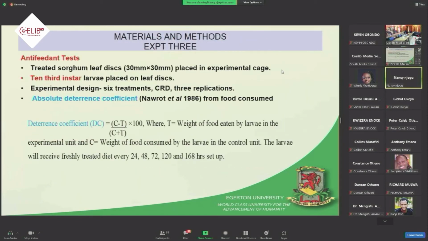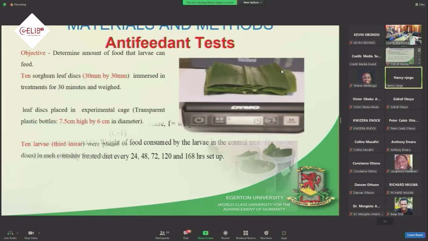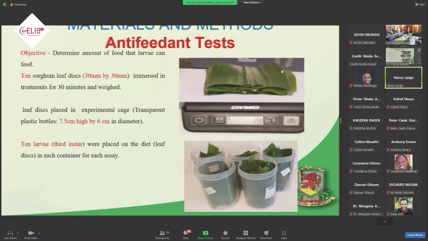which was the non-treated one. Then I also did the anti-feedant test, that is how far the chemicals can prevent the insect from feeding. In this case, I treated sorghum leaf discs, 30 millimeters by 30 millimeters, in the experimental cage, and I introduced 10 larvae on the leaf disc, and I got the amount of food which was fed on.